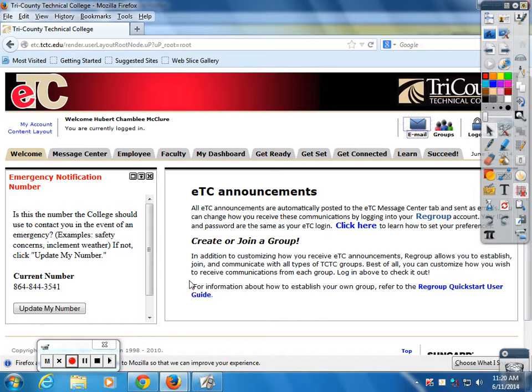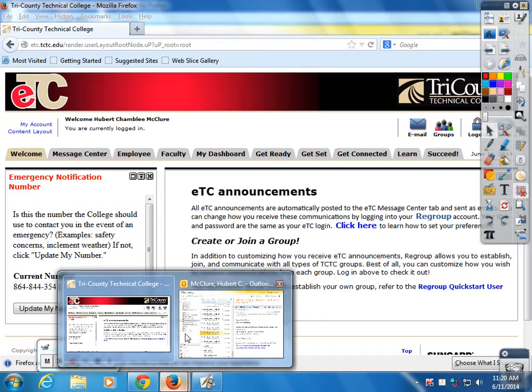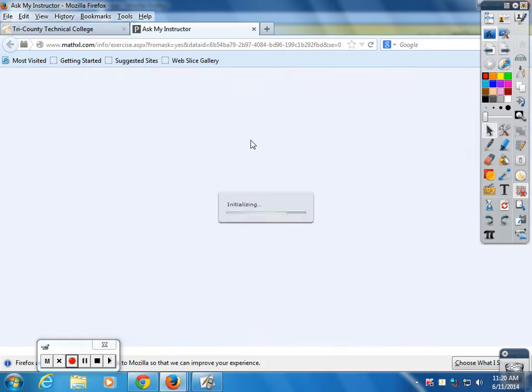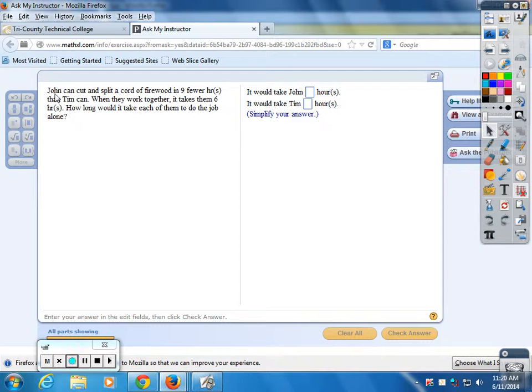Okay, well, we'll do that one. John can cut and split a cord of firewood in 9 fewer hours than Tim can. When they work together, it takes them 6 hours. How long would it take each of them to do the job?